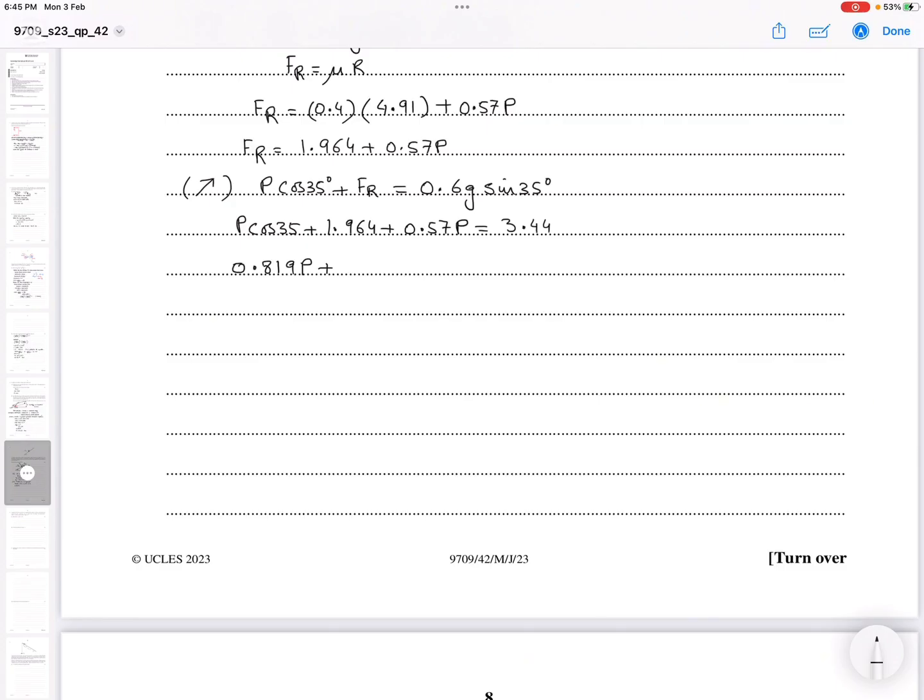I'm collecting the like terms together. 0.57p is equal to 3.44 minus 1.964. So 1.389p equals 1.476.